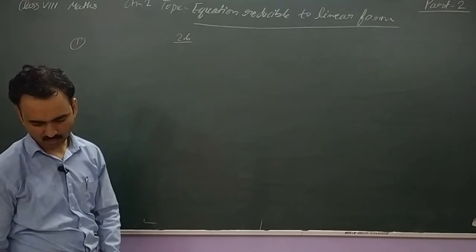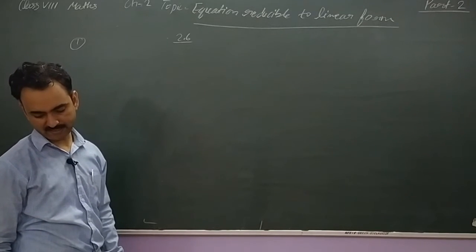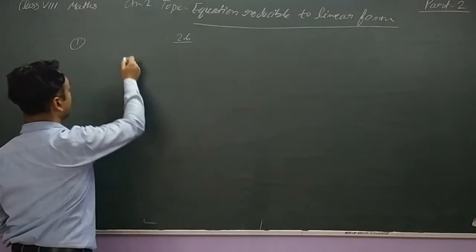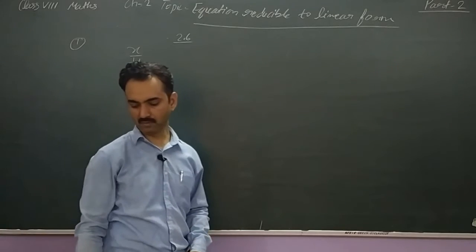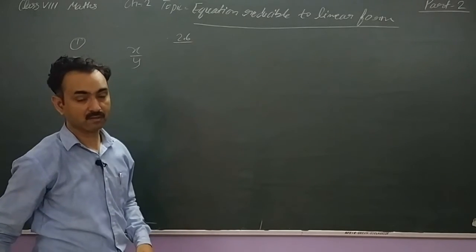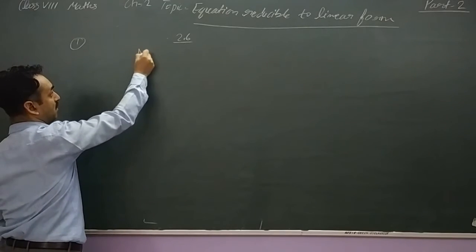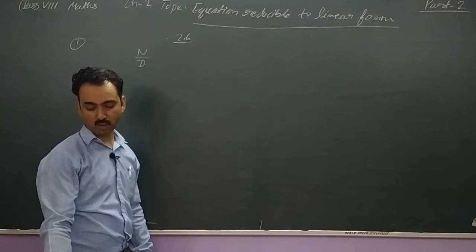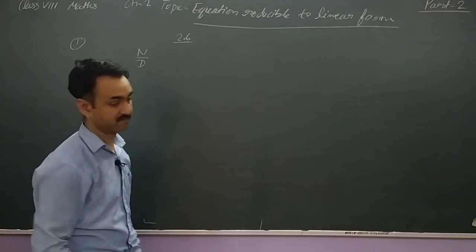The denominator of a rational number is greater than its numerator by 8. So a rational number means x upon y. So first we write here numerator upon denominator. Now according to the question, the denominator of a rational number is greater than its numerator by 8.